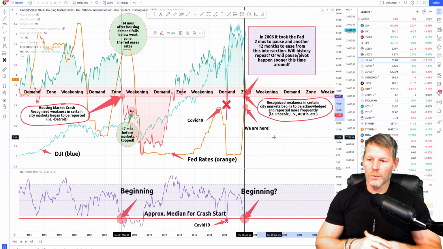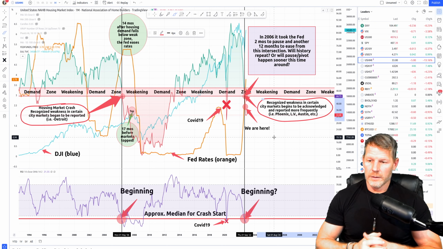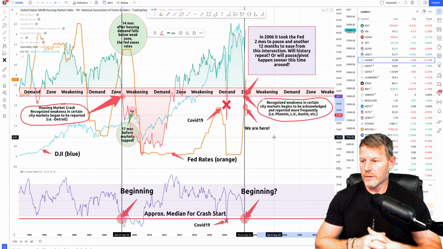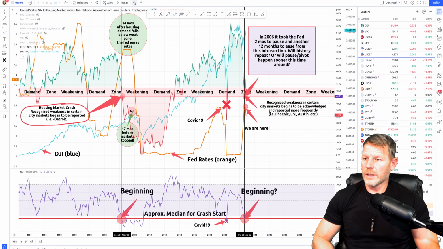But we're just now recognizing overall in the mainstream weakness in certain city markets, which of course first began in Phoenix, Las Vegas, Austin, etc. So just like back in 2006, we're just now starting to recognize weakness in the housing market.